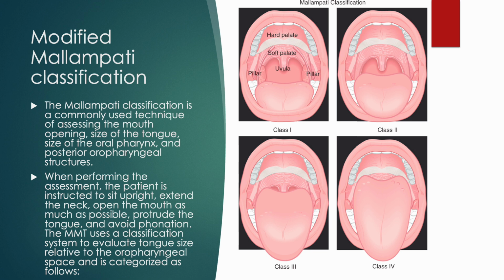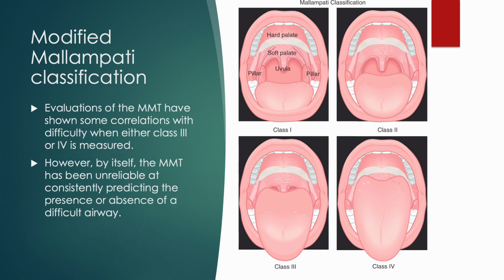You should know and be able to identify hard palate, soft palate, tonsillar pillars, the uvula. You're going to do this thousands, tens of thousands of times in your career. There is that modified Mallampati test. The big thing is knowing that the Mallampati is not the be-all, end-all.